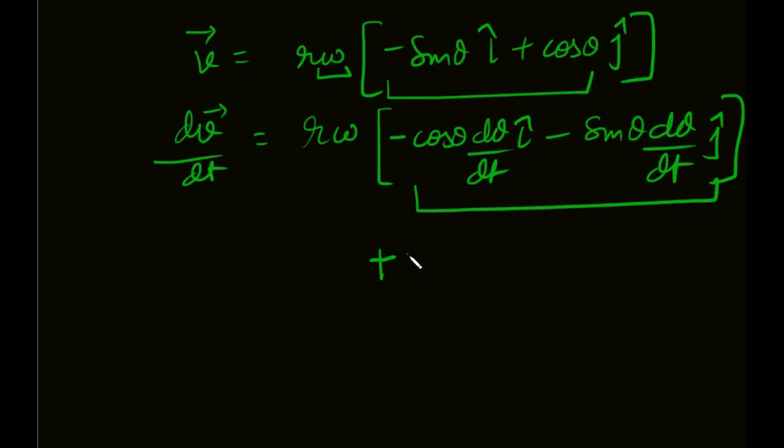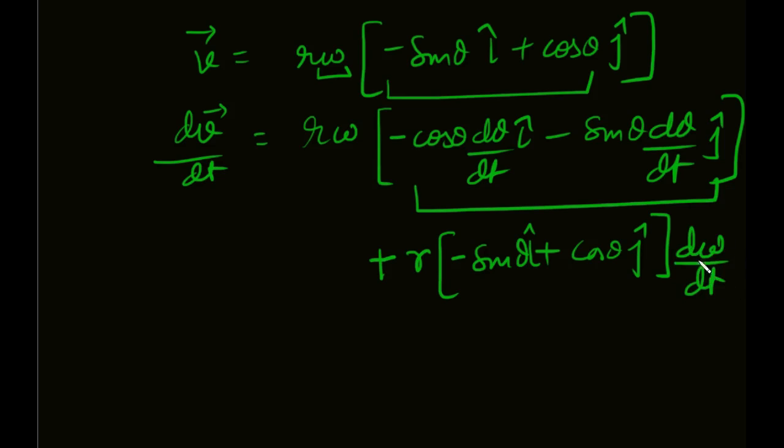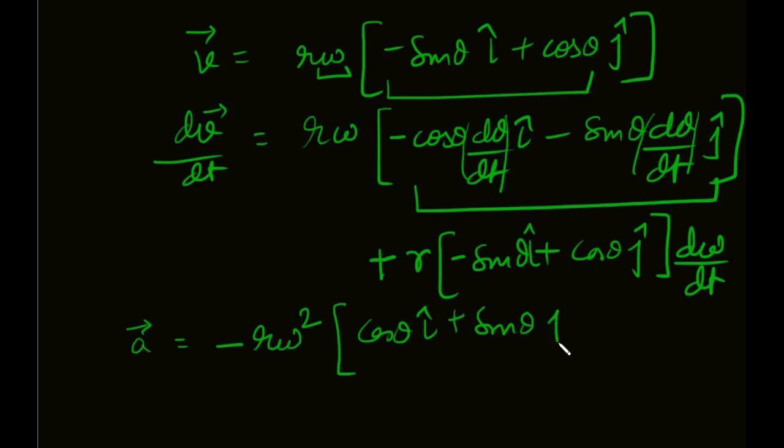Plus r times minus sine theta i plus cos theta j, then d omega by dt. In the acceleration, this omega comes out because d theta by dt, as I already told you, is omega. So this can come out of this expression. This would be equal to minus r omega square times cos theta i plus sine theta j.